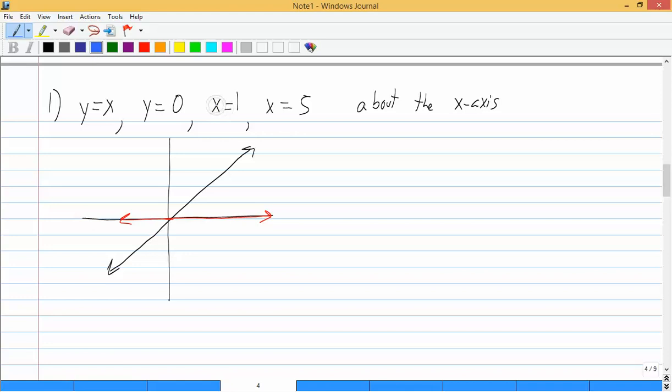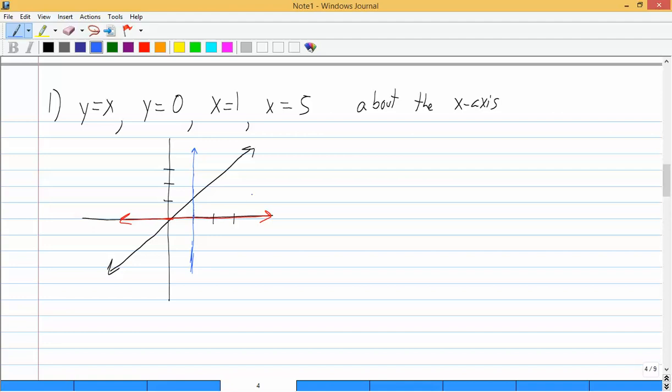Then we have x equals 1. So let's put us a couple of tick marks here. Here's where x equals 1. So my scale is pretty small here, so you can see our bounded region is starting to form.